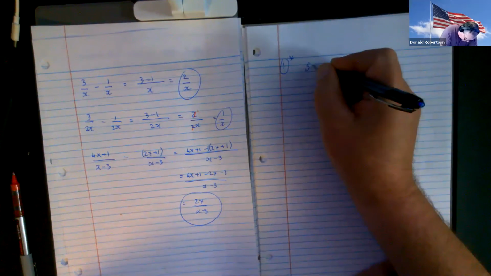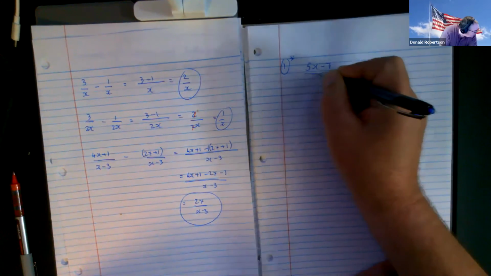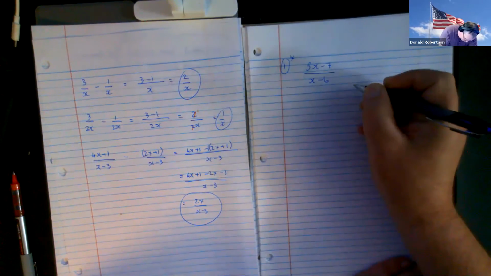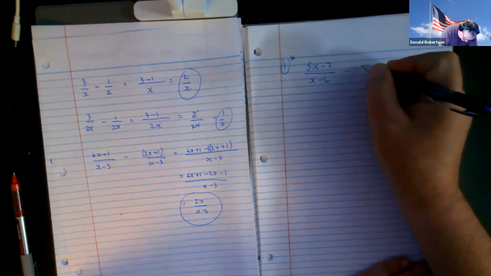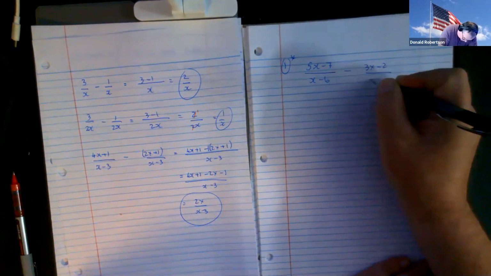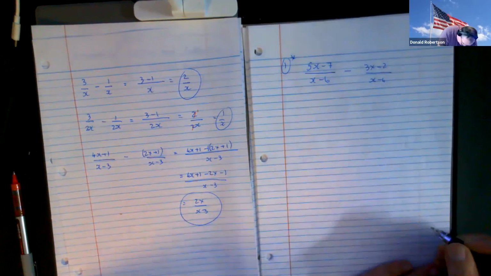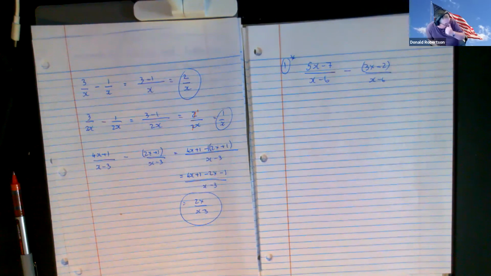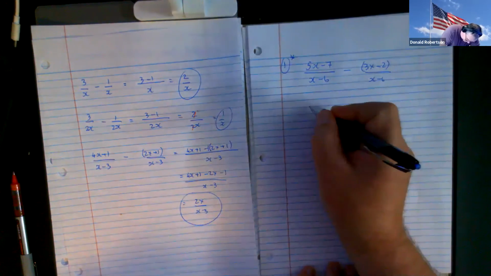So 5x take away 7 over x take away 6. Subtract 3x take away 2 over x minus 6. And if I put a little bracket there, even although the question doesn't have it, it kind of helps me at least.